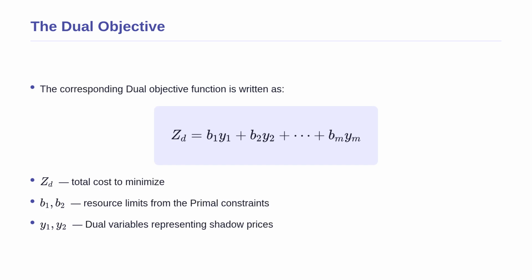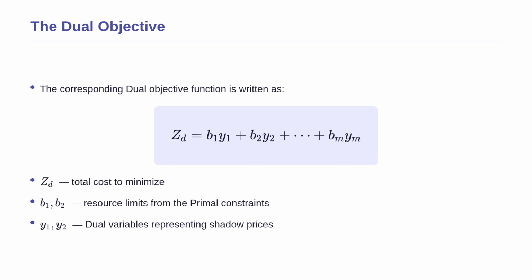Following our conversion rules, we can now write the objective function for the corresponding dual problem. In this dual formula, ZD represents the total cost we want to minimize. Notice that the B1 and B2 values, which were the resource limits in the primal constraints, are now the coefficients here.